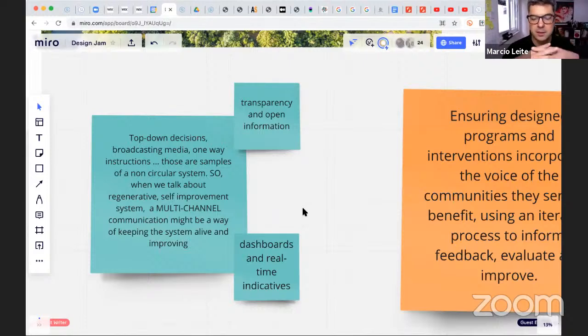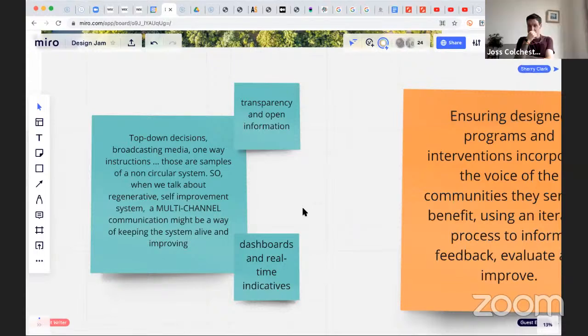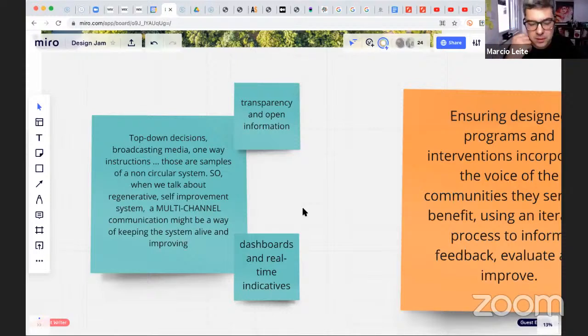So it's a way to keep the system healthy, opening these spaces to multi-way feeding or communication. So dashboards, real-time indicators, and transparency and open information, when you talk about a corporation, of course, but also digital systems.